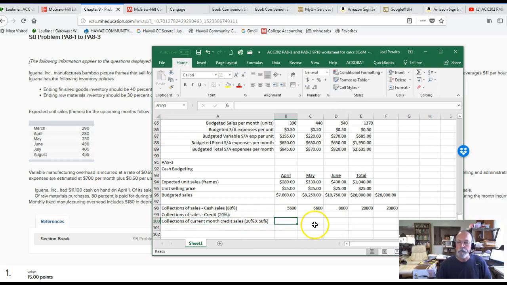Okay, so if we take our sales and multiply by 0.20 and then multiply by 0.50, that's 700, and we should be able to do that continuous calculation. I'm pretty sure that'll work.